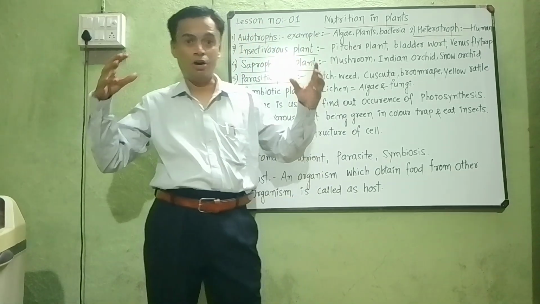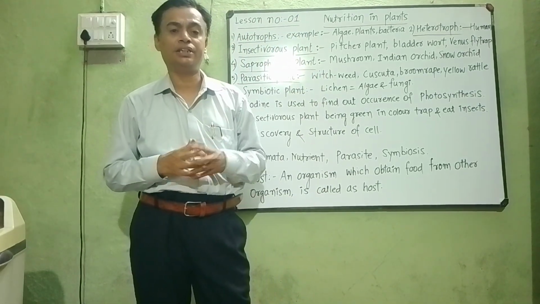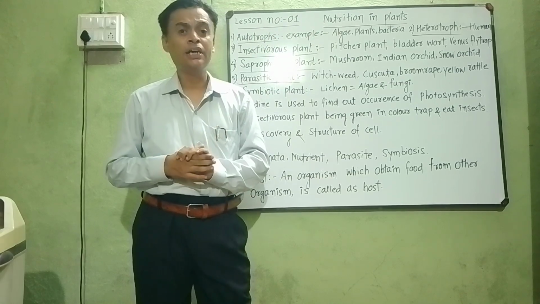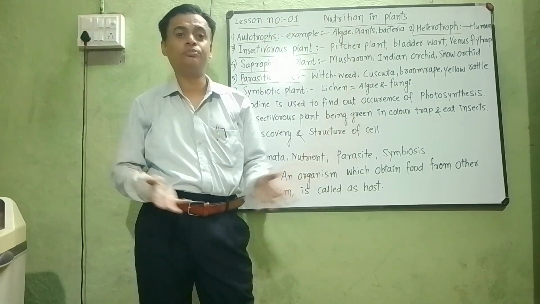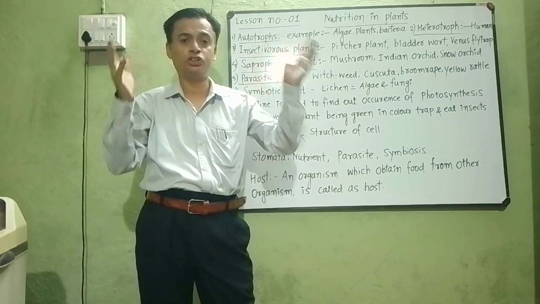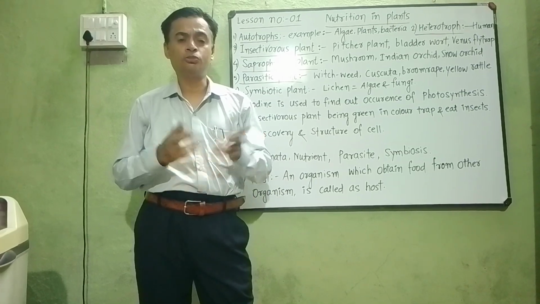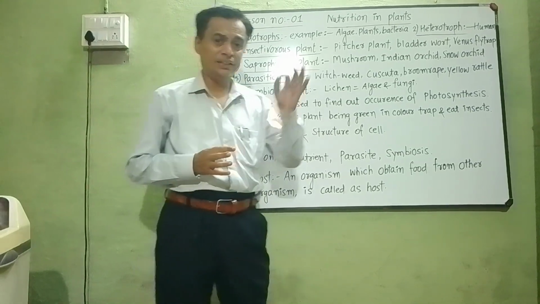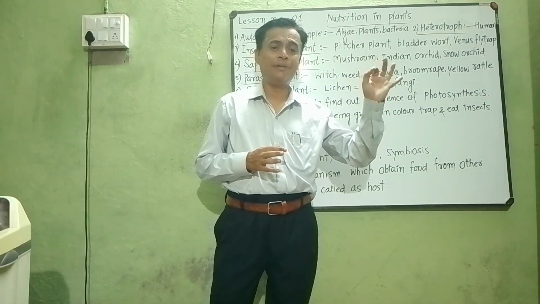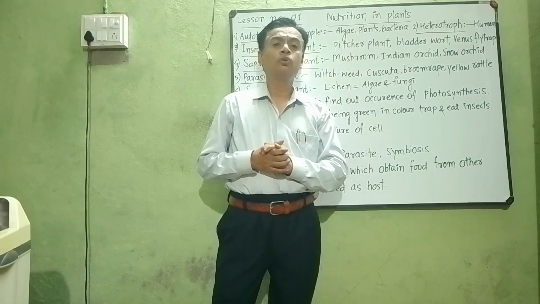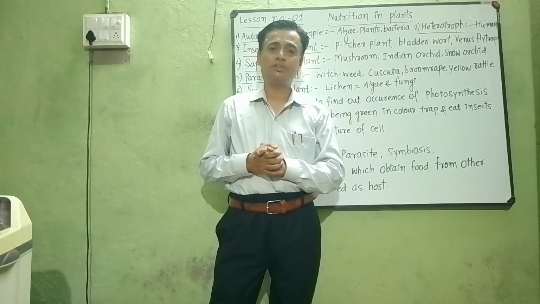A large number of the organs are combining with each other and there is a formation of the organ system. And a large number of the organ systems are uniting with each other and there is a formation of the body. Means human body. Means cell is the basic structural and functional unit of life. Who discovered cell? Robert Hooke discovered cell.